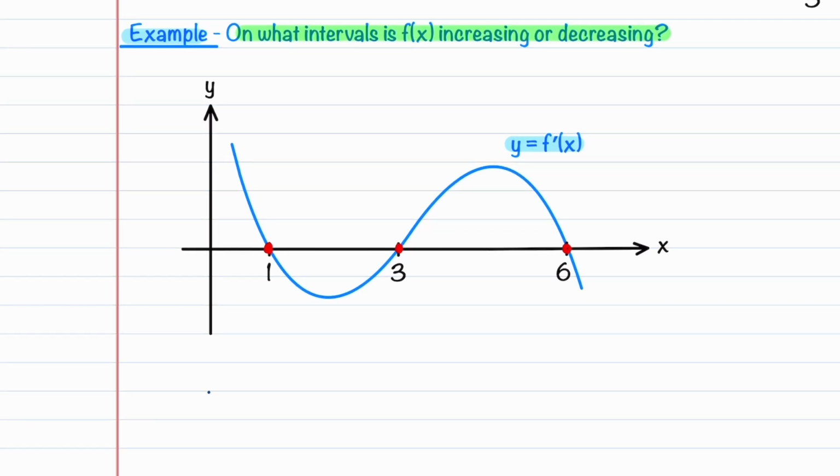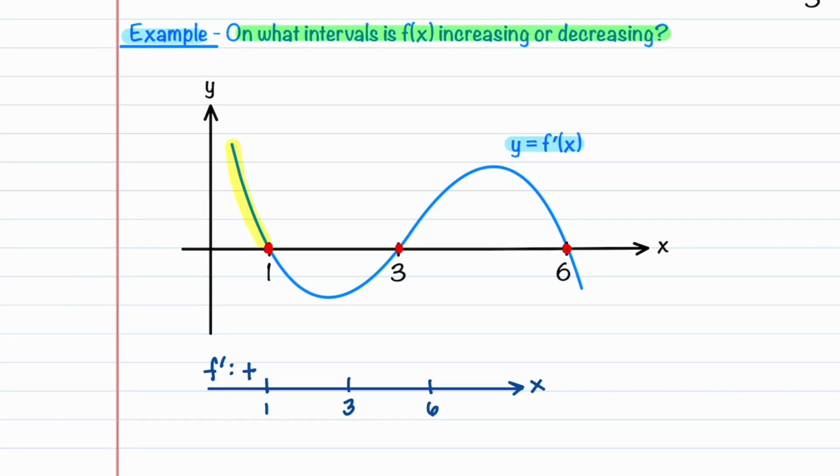Let's go ahead and make a graph here, and let's put x on it. And then let's go ahead and put our points. We have 1, we have 3, and we have 6. And we are looking at the value of f prime. To the left of 1, f prime is positive.